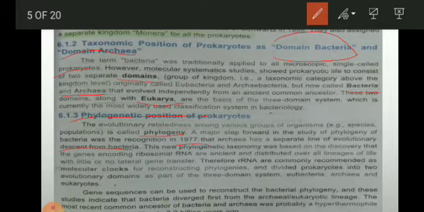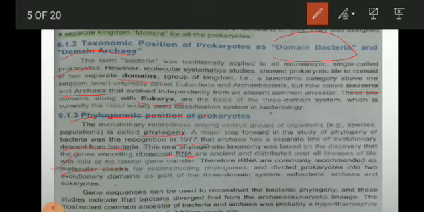That phylogenetic taxonomy is based on the encoding of ribosomal RNA, and this ribosomal RNA was recommended as a molecular clock and divided prokaryotes into two evolutionary domains and a three-domain system: eubacteria, archaebacteria, and eukaryotes.